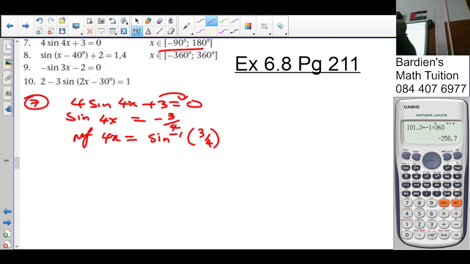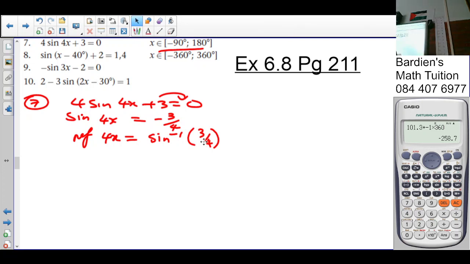Do you have to show the arc sine? No. You didn't see in all the other sums I didn't show it, so you didn't have to show it either. The reason why I've written it in here was to highlight that I've dropped the negative sign. That's all I'm showing.